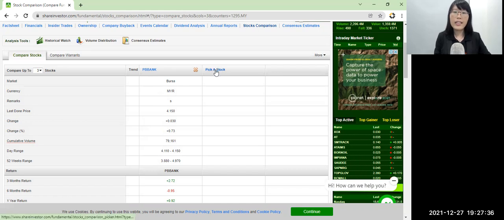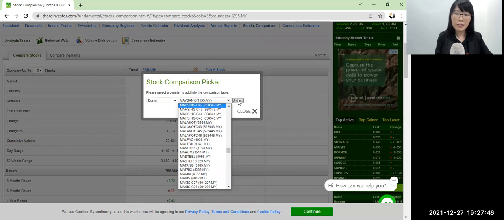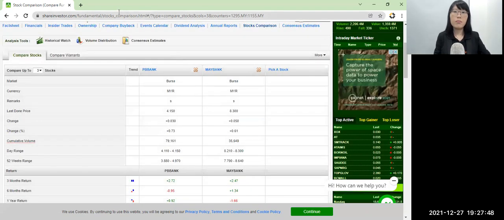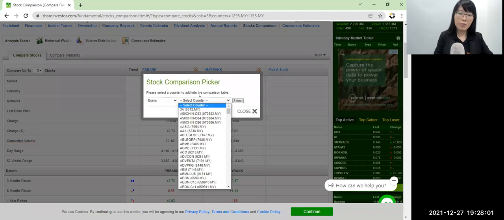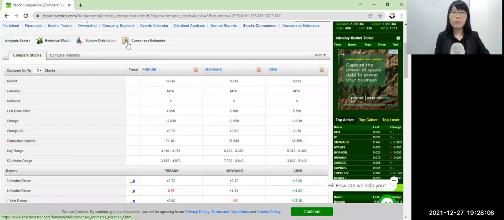For the second column, you can pick a stock, select Maybank and click select. Then the Maybank information will show in the table. And the last one, maybe you can choose CIMB Bank and click select. So all the information about the companies shows in the table.